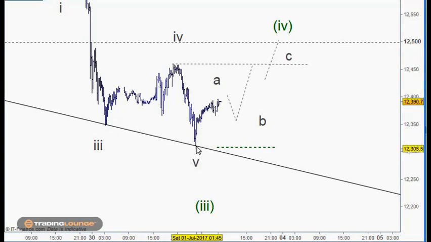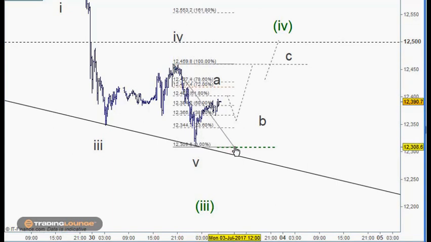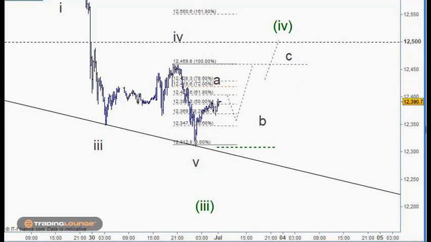This little move up here is just this little move up here, so we've still got a way to get through this. Now, if we're wrong, then taking this low out would be the move to the downside, because if I've made a mistake and this is wave 1 and wave 2 pulling back 50 or 60%, then we're just going to react from there anyway, so you need to understand that much.